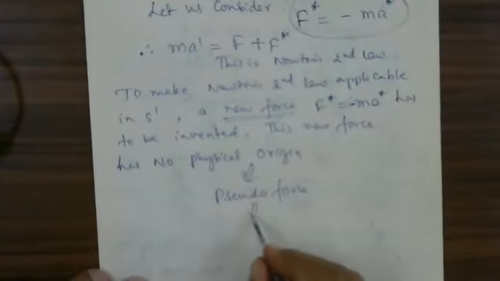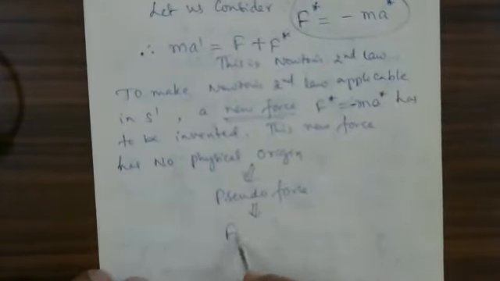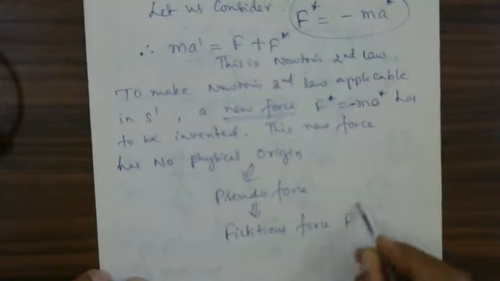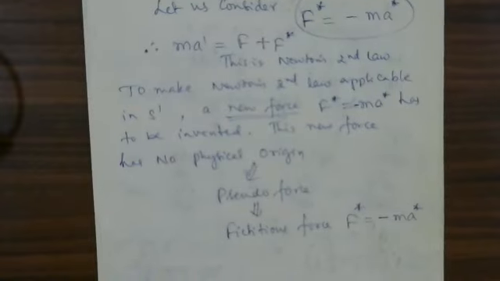Since it is a pseudo force, that force is called a fictitious force. F star is equal to minus ma star is a fictitious force, a false force which is not existing, which has no physical origin.